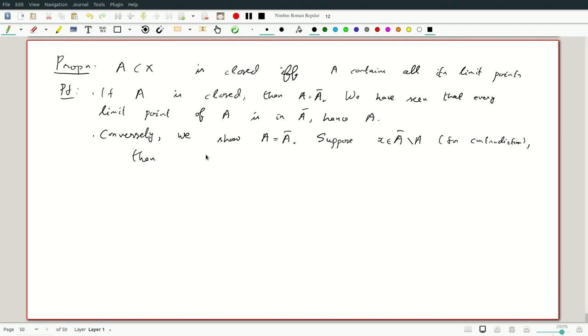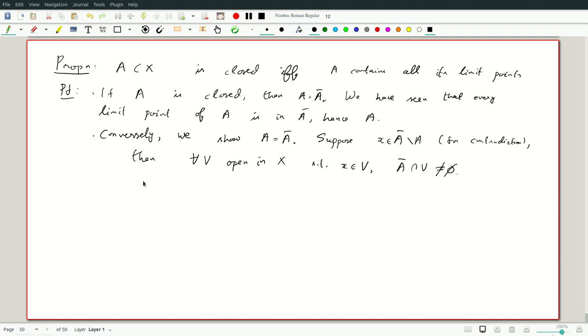Then what do we know? We know that for all V open, by our characterization of closure, in this total space X such that little x belongs to V, given any open set which contains x, A intersection V is non-empty.